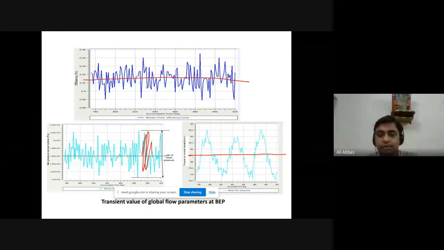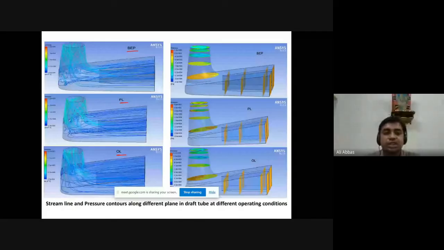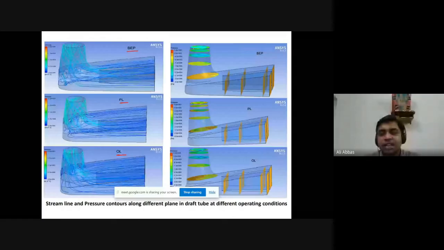Now you see different operating conditions: best efficiency point, part load, and overload. This is the existing draft tube where you can see the elbow section is not well designed. So in my research, I have focused on this elbow section so that this section becomes more streamlined, and to quantify this, the recovery and loss factor.